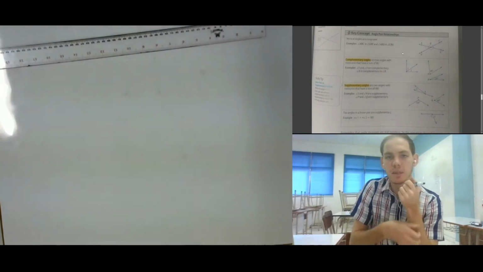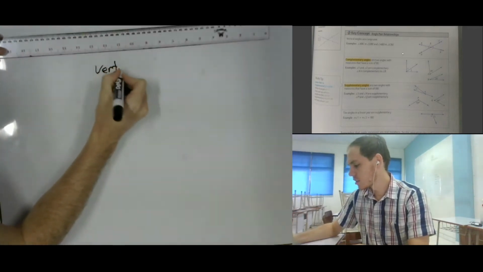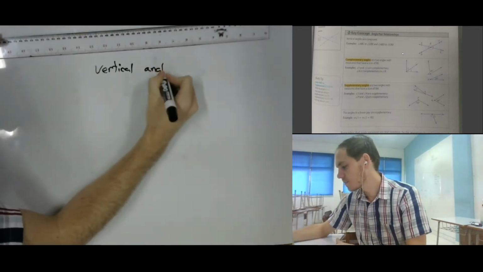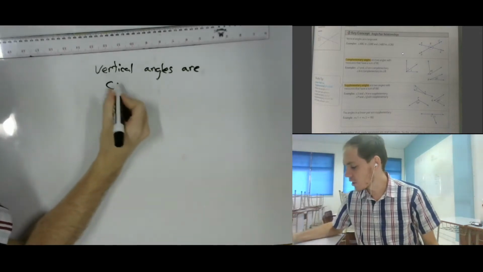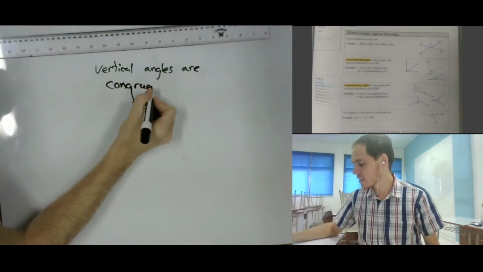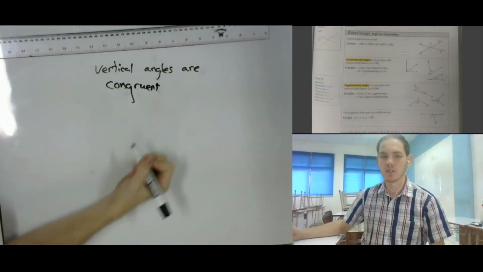Okay, angle pair relationships. There are certain angle pairs you need to know. First thing, vertical angles are congruent. I'm going to ask you guys this question in class, okay? Vertical angles are congruent.